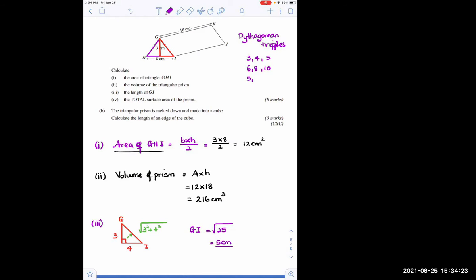And 8, 15, 17. All of these are Pythagorean triples, meaning that these are the Pythagoras' values for the right-angled triangle. When we square these two numbers, it gives this squared. When we square this and this, we get that, right? All right.